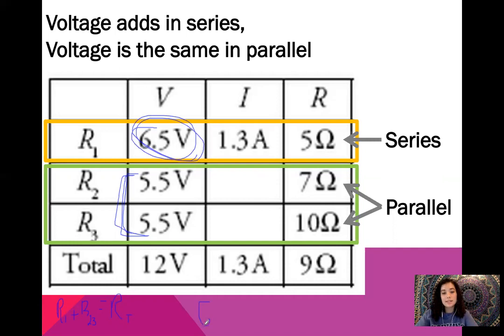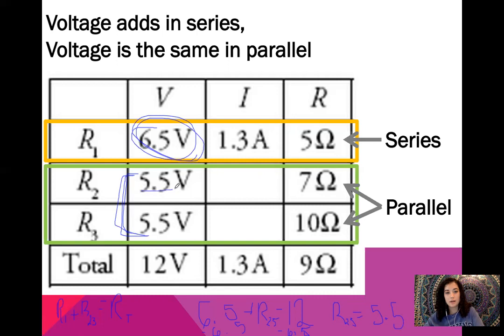So 6.5 plus V 2, 3 equals 12. Well, we got to get our 2, 3 by itself. So what are we going to do? Subtract, Miss. Remember, whatever you do to one side, you got to do the other. So we will take 12 and subtract 6.5. And we get that V for 2, 3 equals 5.5.